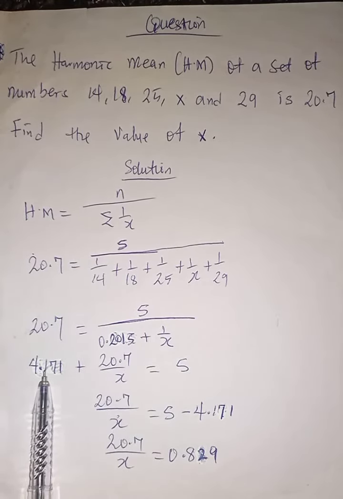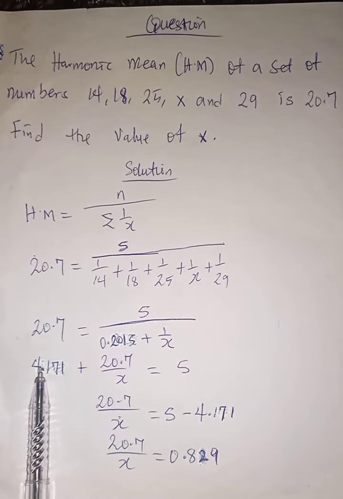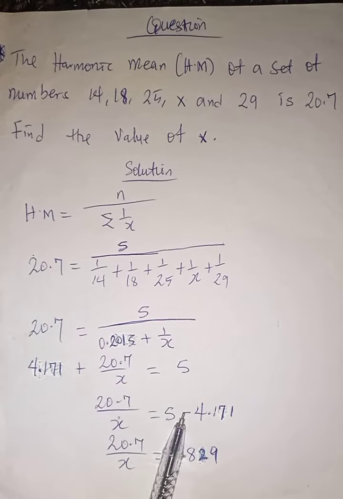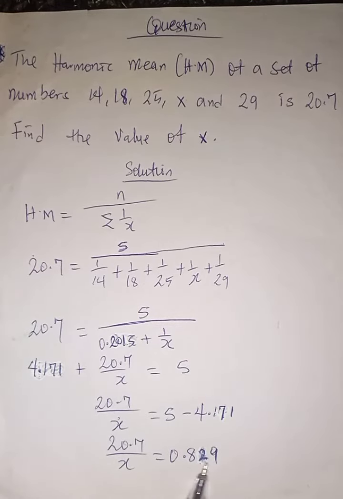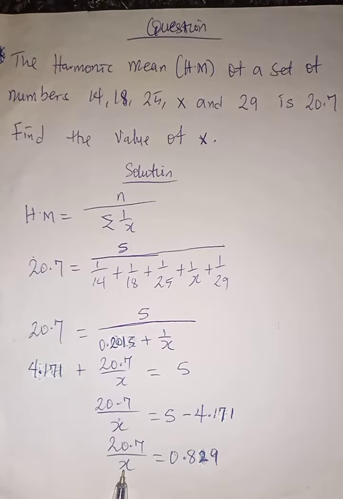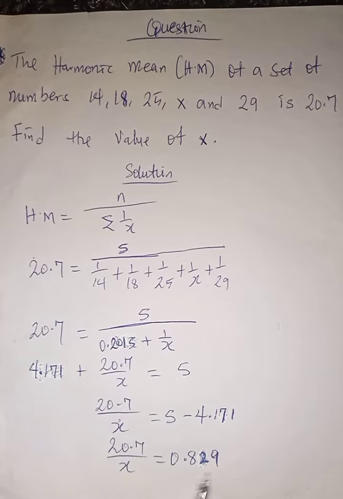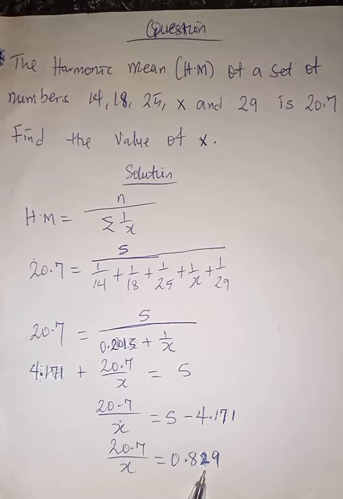The next, we'll move this one to the other side. Then we change to minus. We're going to have 5 minus 4.171. Then we have 20.7 over x equals this. So we cross multiply x to this place.